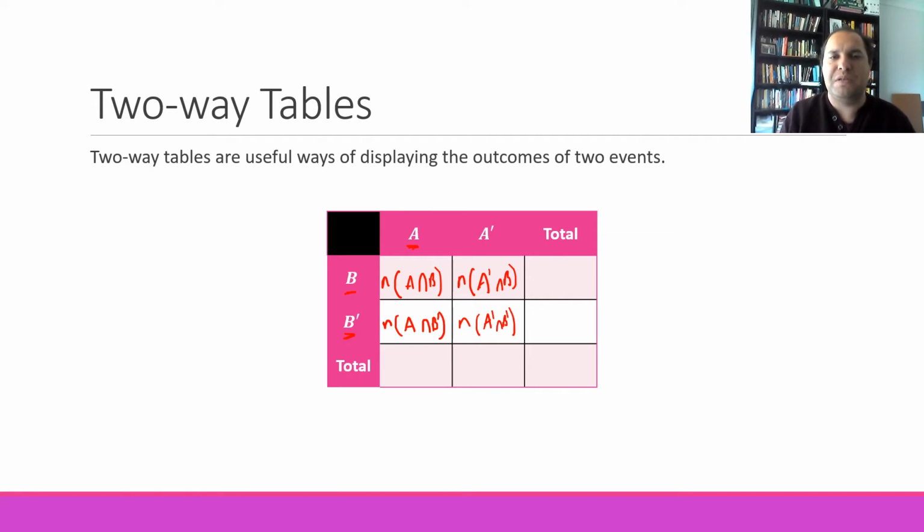In our totals, that's where we're adding up our columns and our rows. At the bottom here, this total is the number of things in A in total.